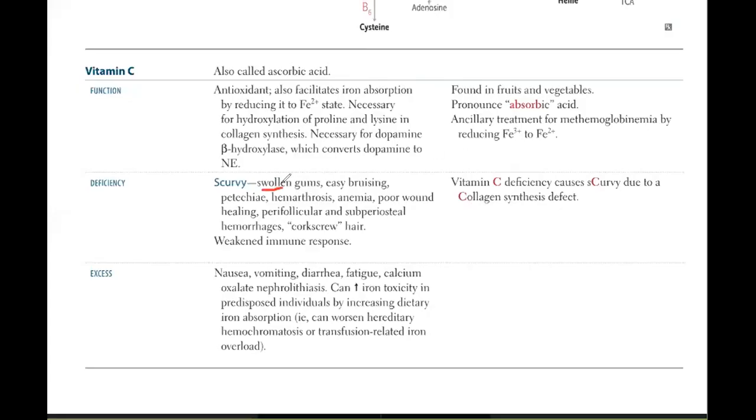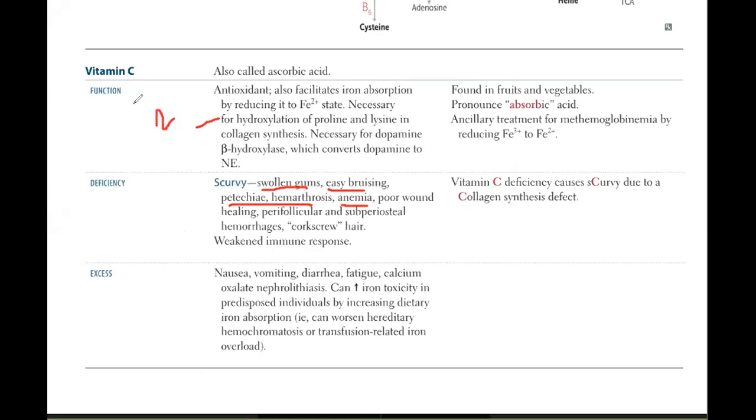Now you see you have swollen gums, easy bruising, petechiae, hemarthrosis, and anemia. All of these things are related to vascular problems. That is, vitamin C deficiency causes problems when you are not able to hydroxylate proline and lysine, not able to do this second step.